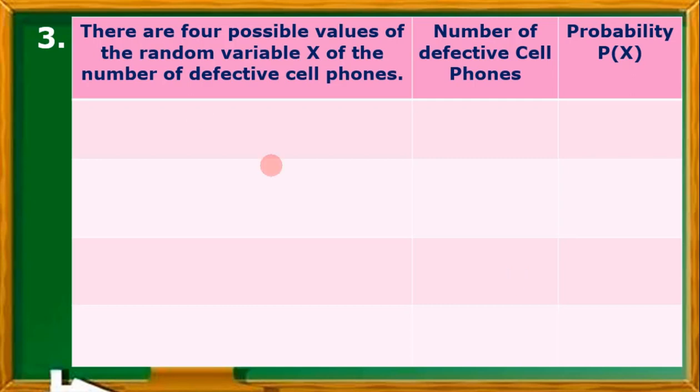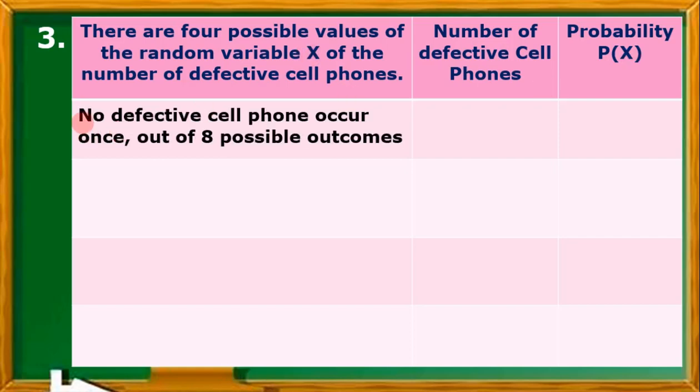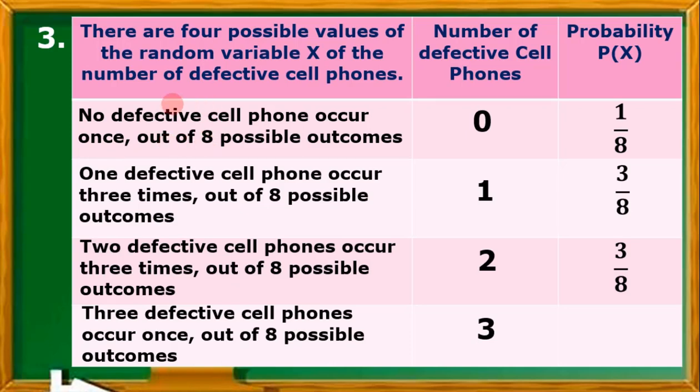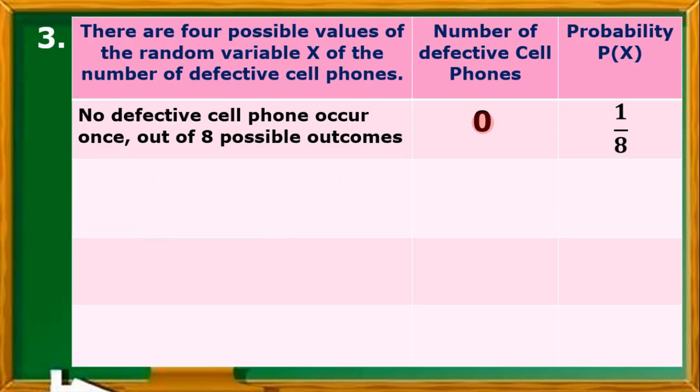Now for the third one, there are 4 possible values of the random variable x, as we can see in the previous table. It says here, no defective cell phone occurs once out of the 8 possible outcomes. This outcome is the triple N, or there are 3 non-defective cell phones. Let me go back to the previous table.